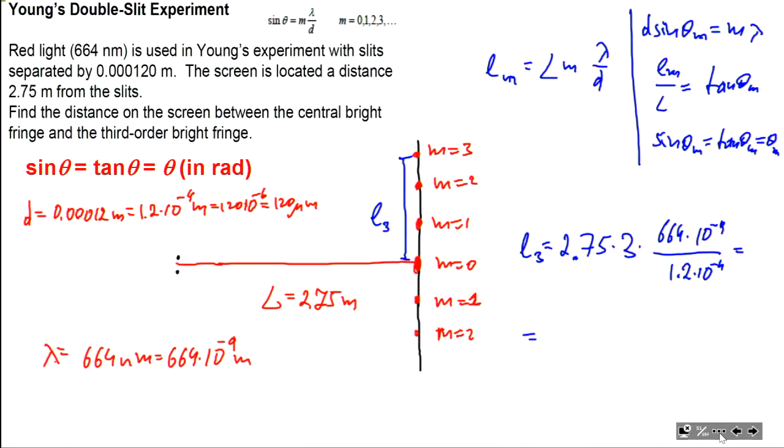Yeah, that's reasonable. 0.0456 meters, or close to about 5 centimeters. So that's the screen, and 2.75 meters is about, well, like the first row. So if we had a device there, light would travel to the screen. We would see red spots spaced by about 5 centimeters away from each other.